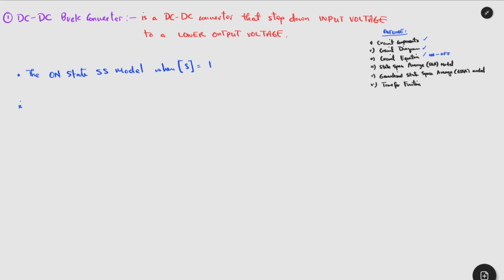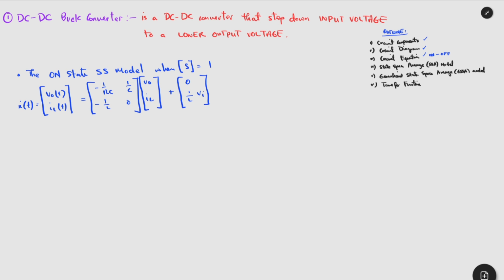Now we have x t, v naught t and il t, equal to minus 1 on RC and 1 on C, minus 1 on L and 0, times V naught and IL, which are the state variables, plus 0 and 1 on L VI.